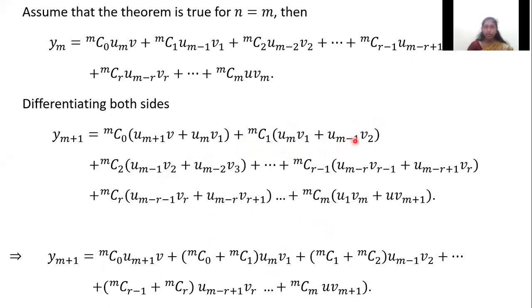You can see u_(m-1) v_2 repeats in two different terms, so that is going to be mC1 plus mC2 into u_(m-1) v_2, etc. Or I can write mC_(r-1) plus mC_r into u_(m-r+1) v_r, plus etc. plus mC_m u v_(m+1).